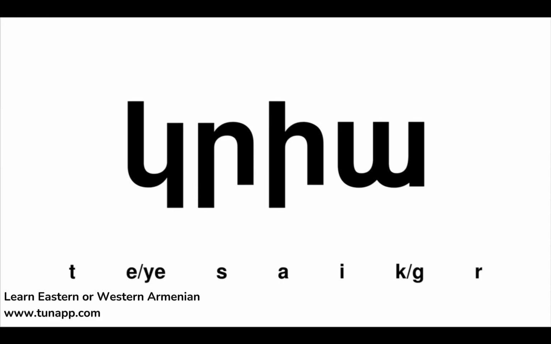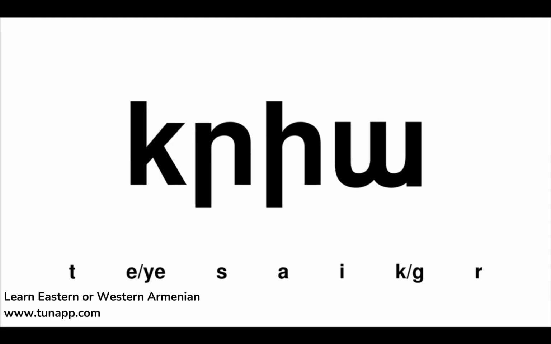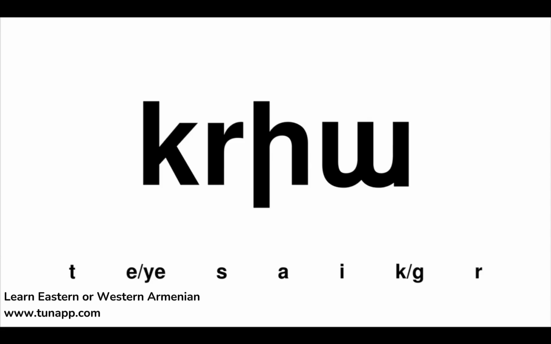Okay, let's try another one, a slightly longer word. Can you remember the pronunciation of the first letter on the screen? K or G? Well done. K in Eastern Armenian, G in Western Armenian. We've put the K sound here just to make it simple visually, but it is pronounced G if you are Western Armenian. What's the second letter? R. Okay, well done. What about the third?